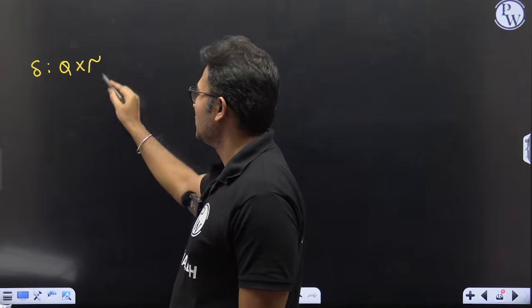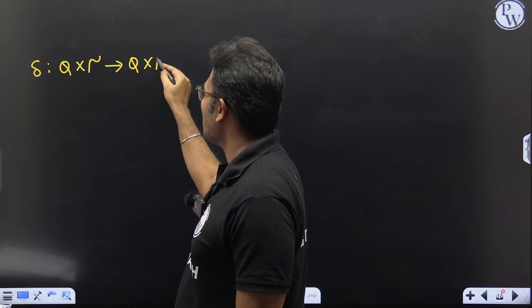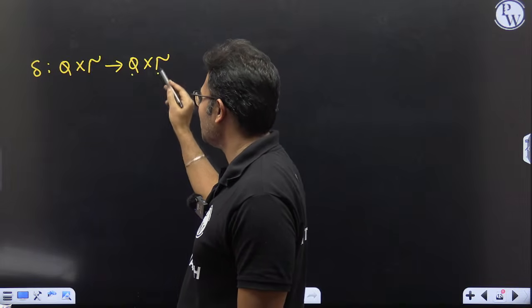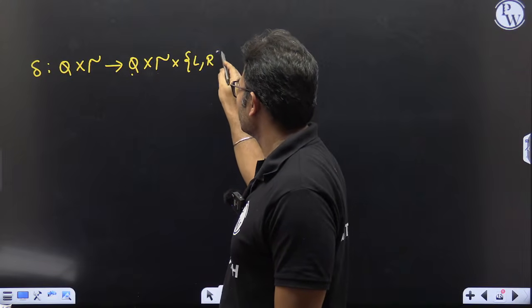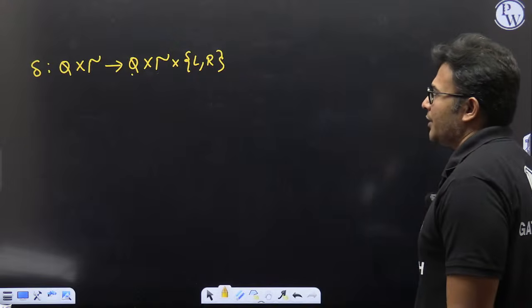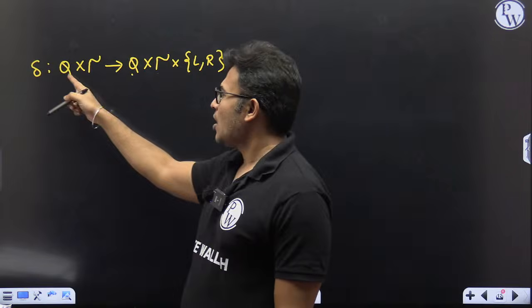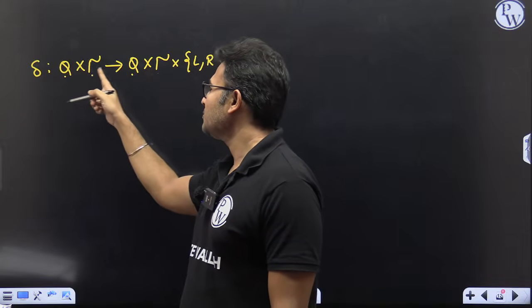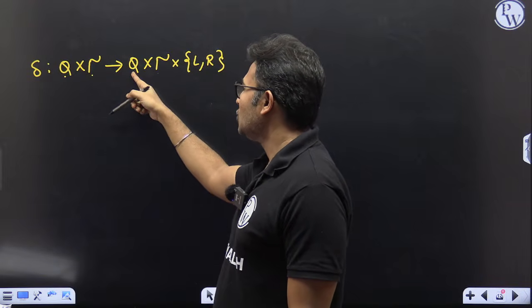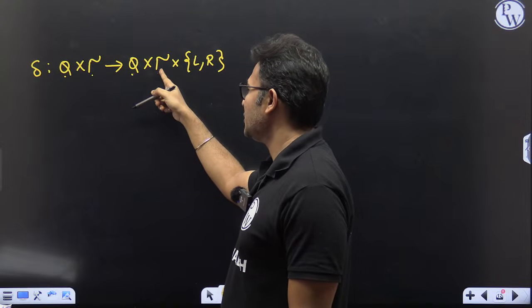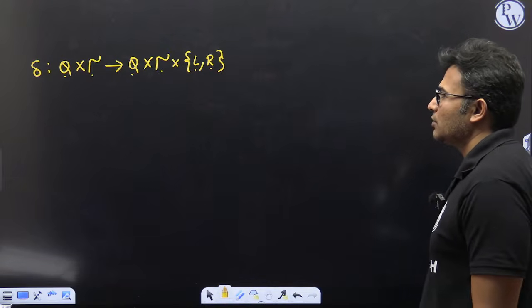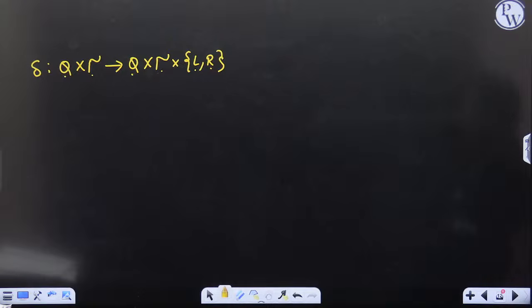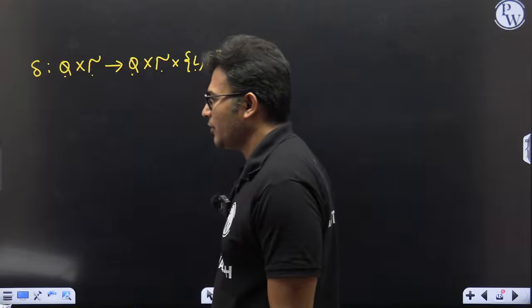Then I will go to some state, I will change the tape symbol, and I will move either left or right.